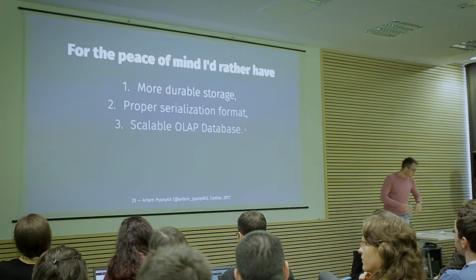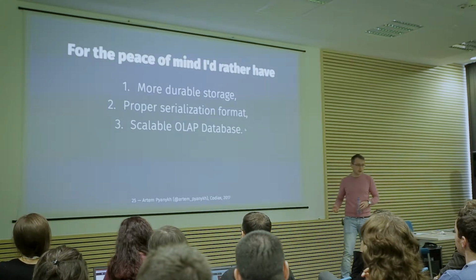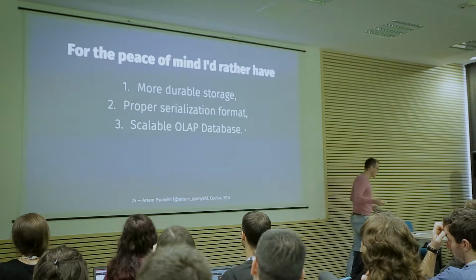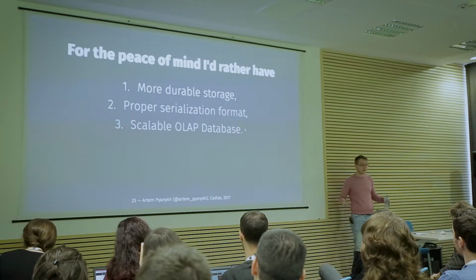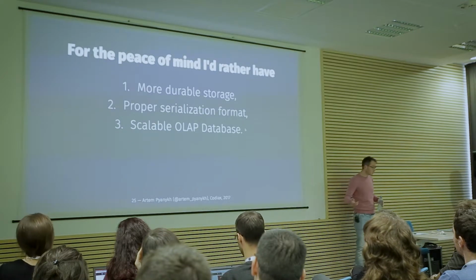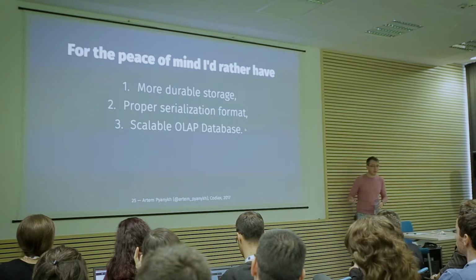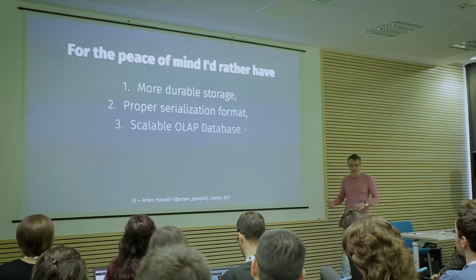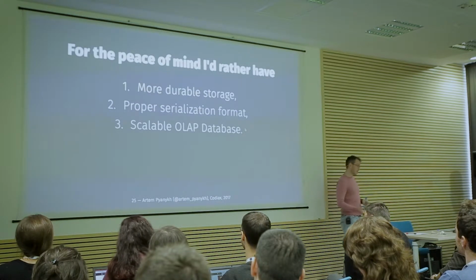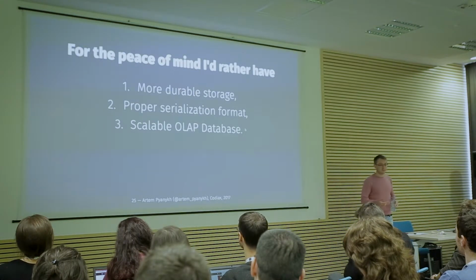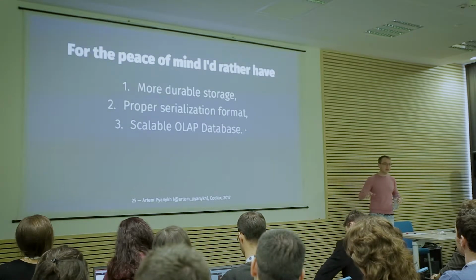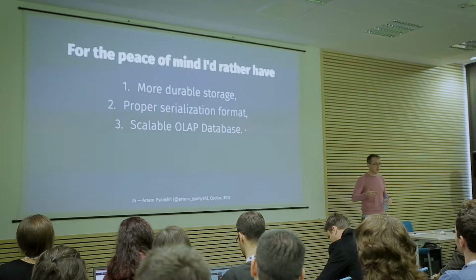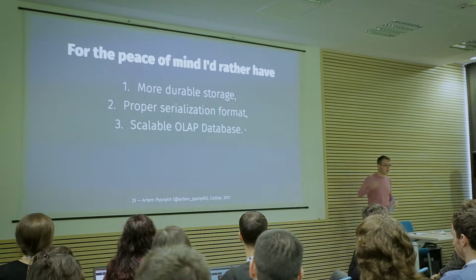So for peace of mind, I'd rather have more durable storage. Again, you can go with several machines and NFS. It will be a little bit better. I would also go with a proper serialization format. CSV is nice, but not perfect, because there are no types there, and you don't have validation at the end of each task.